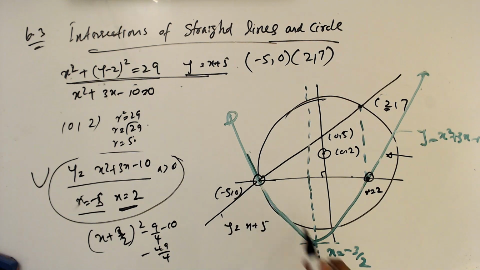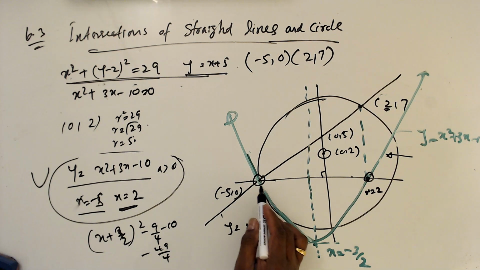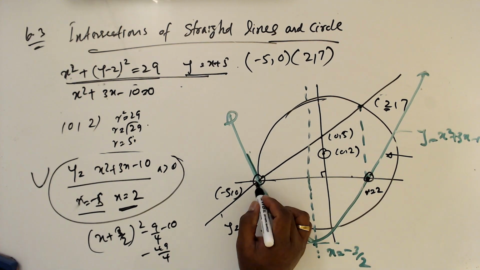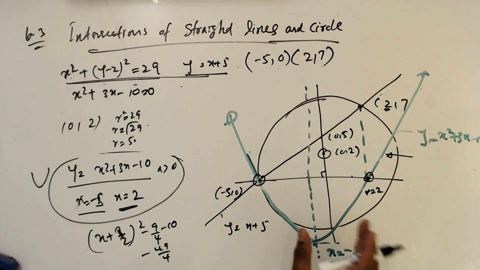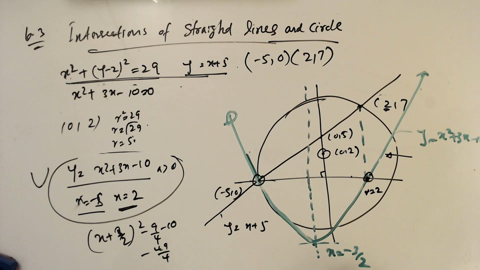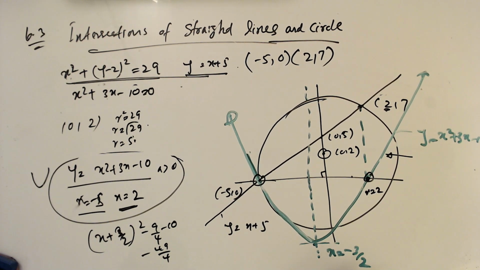Unfortunately, this is overlap. This intersection point and a root overlap, but that's fine. I'll pick up example 8 in the book. This minimum is minus 3 over 2, minus 49 over 4.